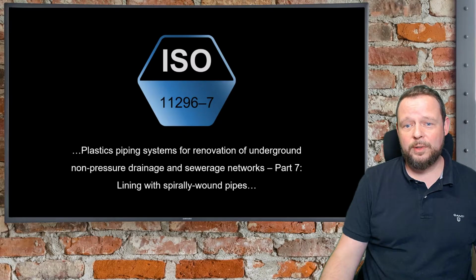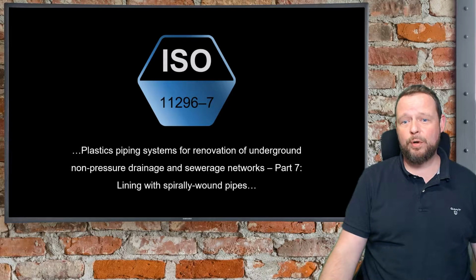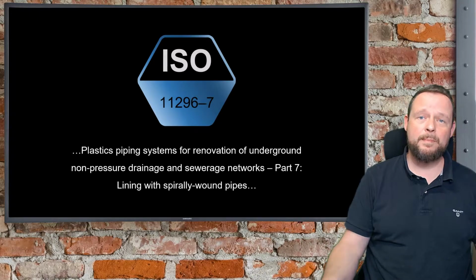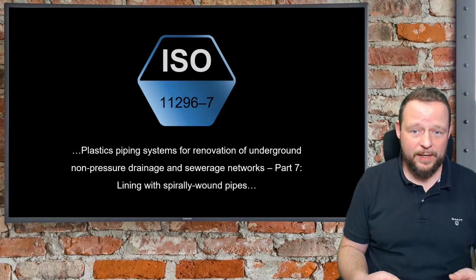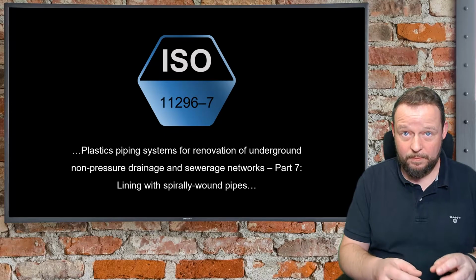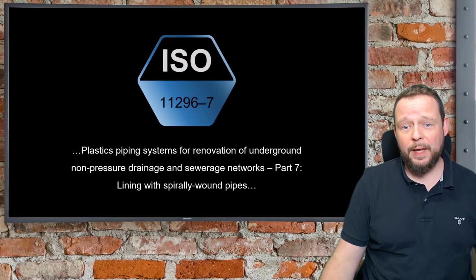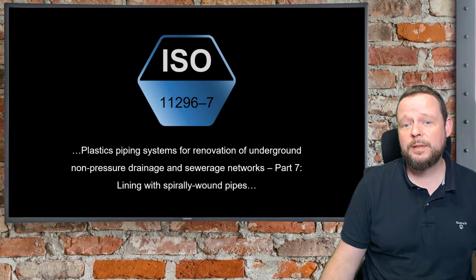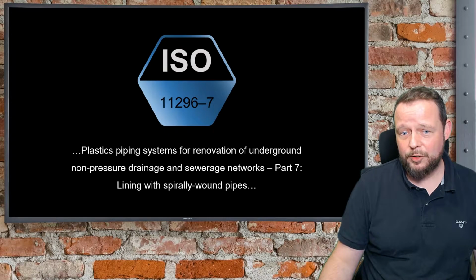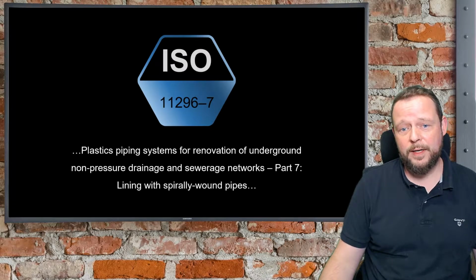As usual for this series, the ISO 11296 Part 7 standard describes the properties of the materials in the M stage, meaning as manufactured, so before installation, when the materials come out of the factory and arrive at the job site. It also describes the properties of the system in the I stage, so after installation, once the system is ready installed.